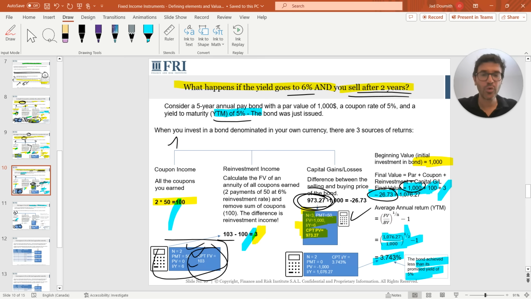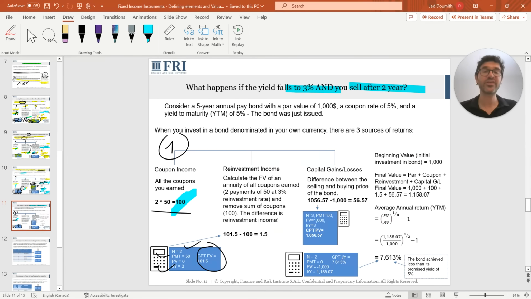Notice how it is lower than the 103 because in the previous example, the reinvestment rate was 6%. In this example, the reinvestment rate is only 3% because after you bought the bond, interest rates fell to 3%.